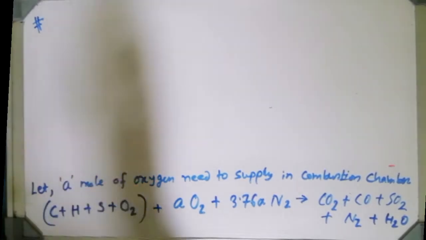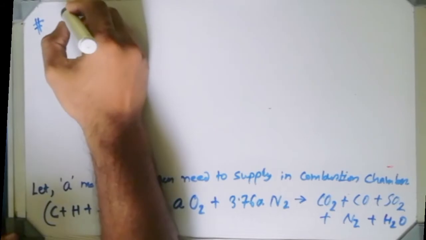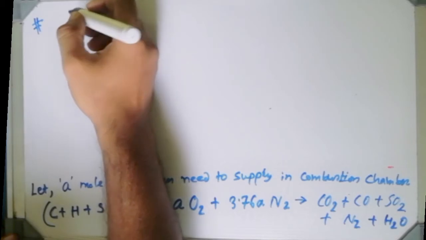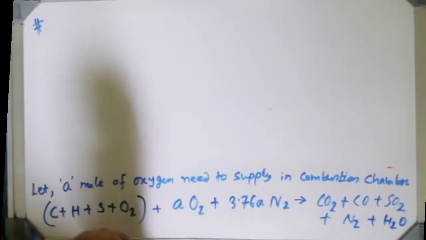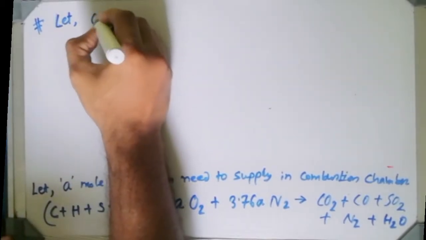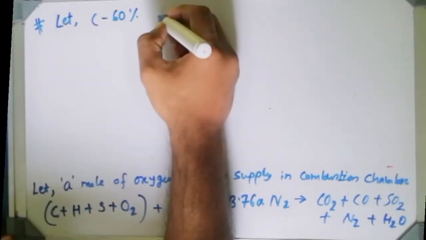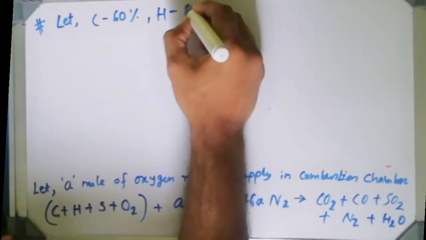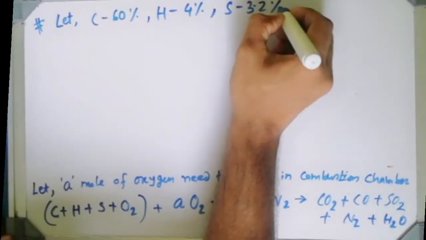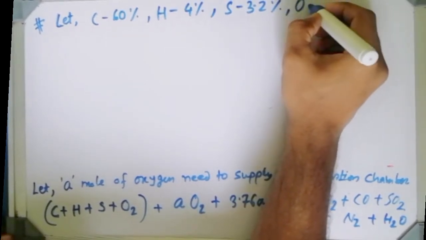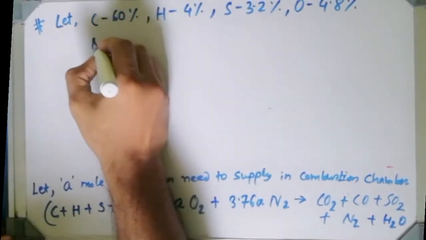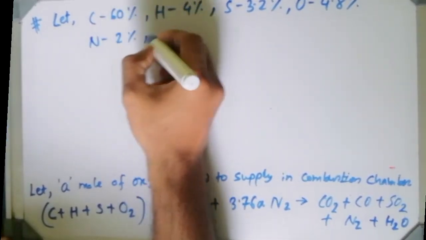Let in a fuel carbon is given 60%, hydrogen is given 4%, and sulfur is given 3.2%, and oxygen stored in the fuel is 4.8%, nitrogen is 2%, M is moisture, mind it, that is 5% in the fuel, and A stands for ash, that is 21%.